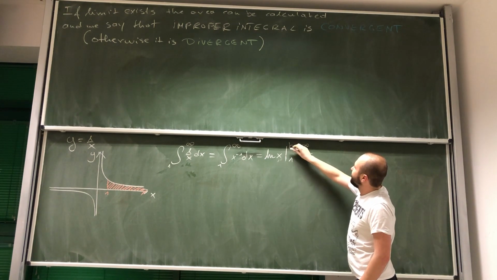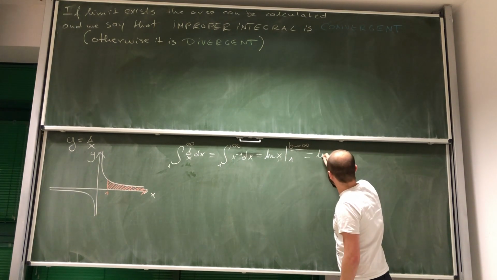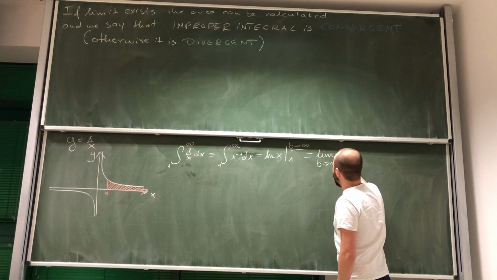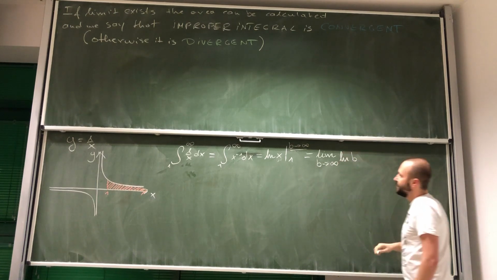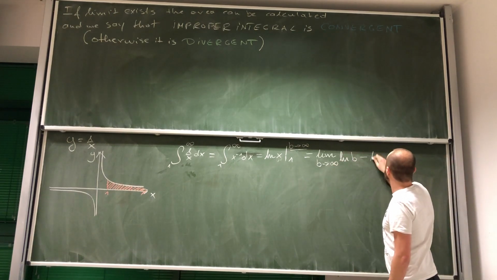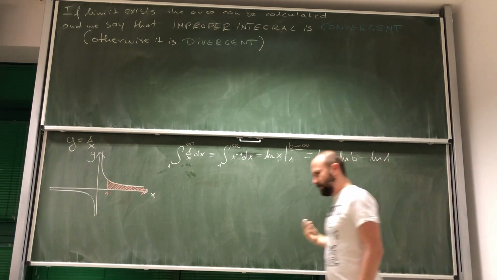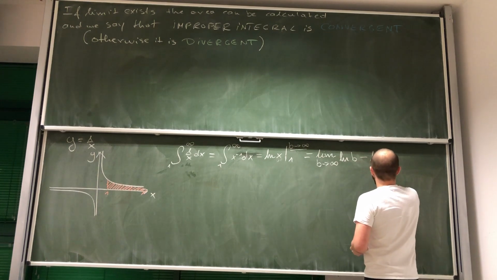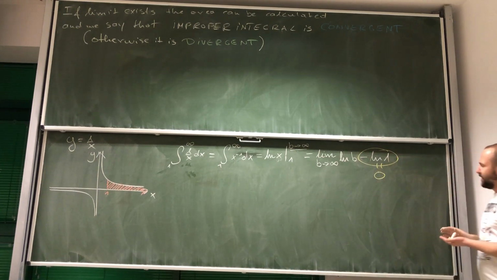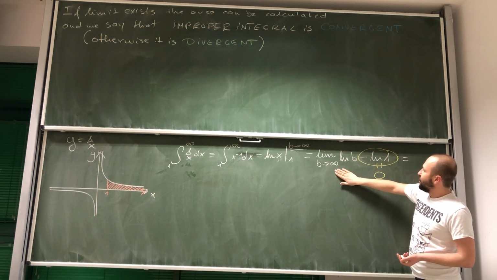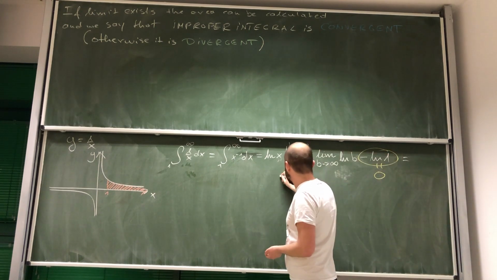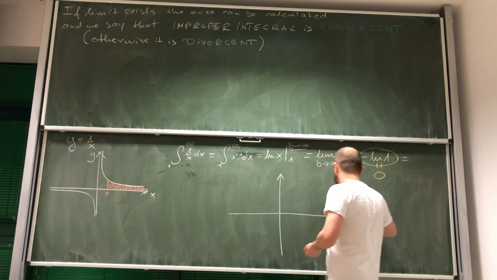Okay, and look, now how do we approach it further? First, we substitute b. So first expression here is going to be limit with b approaching infinity out of ln b. Then minus ln 1. As it's, of course, ln 1 is just 0. So this part is inconsequential. Now, over here, how does ln x function look like? Ln x function looks like this.